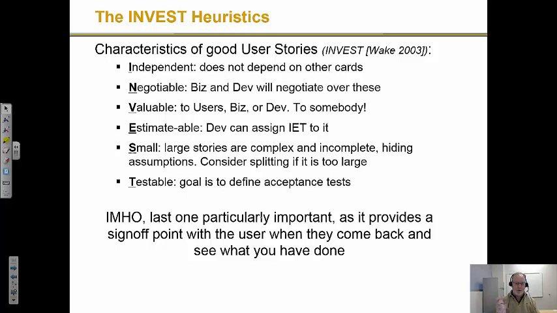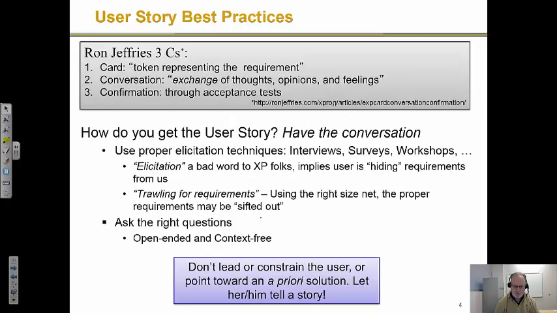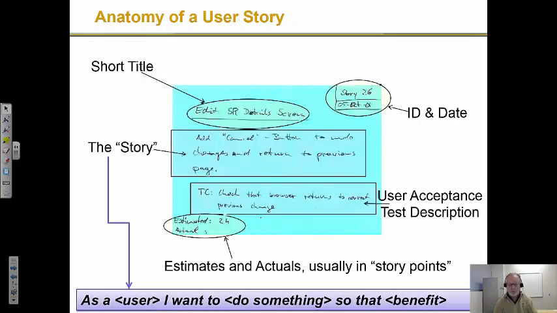You want the date, you want to know when it was done, and you want to know, as a student, as an instructor, as an accountant, as a nurse, who is it valuable to? By stating the user role, that person is supposed to get some value. What I'm talking about is this at the bottom: as a user, I want to do something so that benefit.